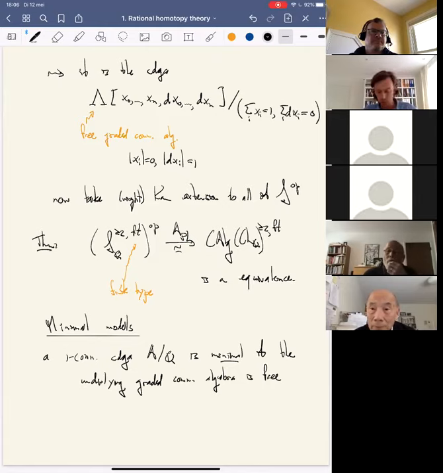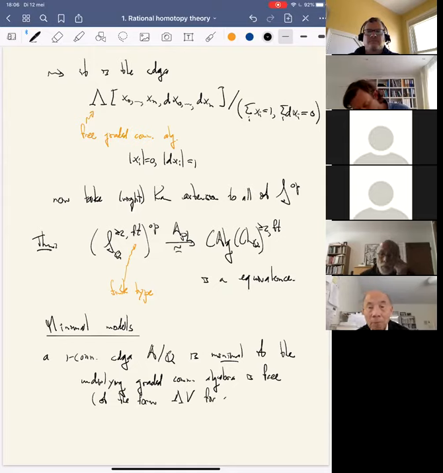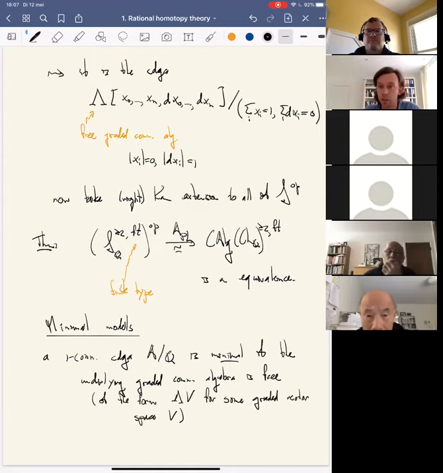In other words, it is of the form lambda V, with this lambda notation I was using earlier, for some graded vector space V. This just means it's polynomial on the even generators and exterior on the odd generators.